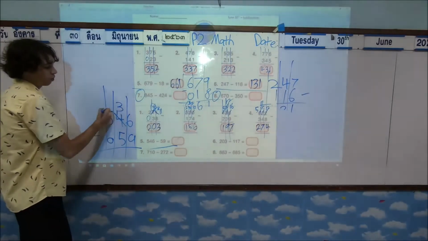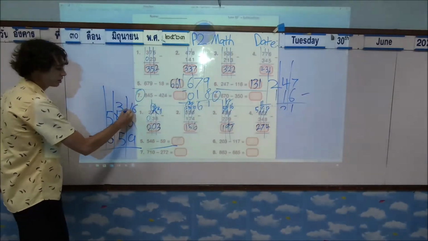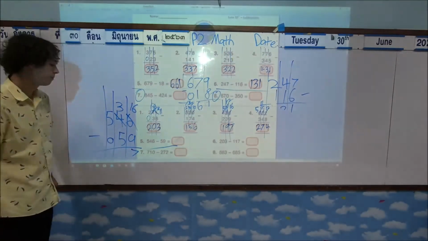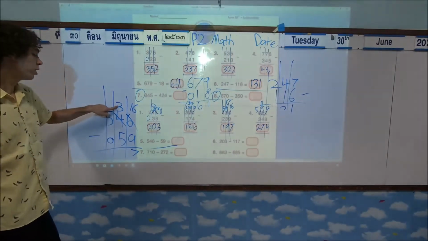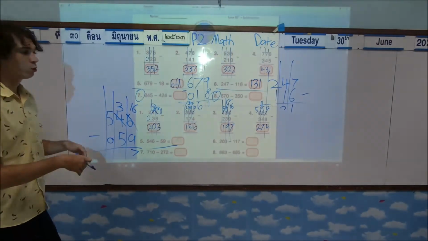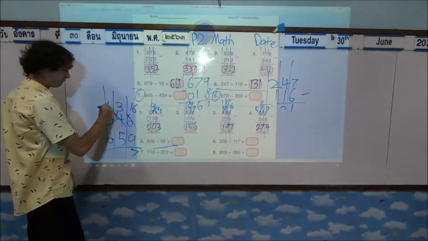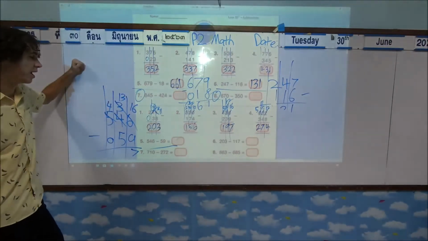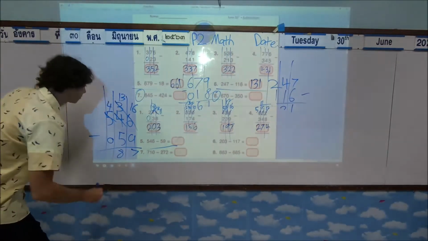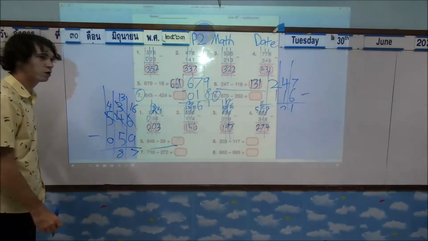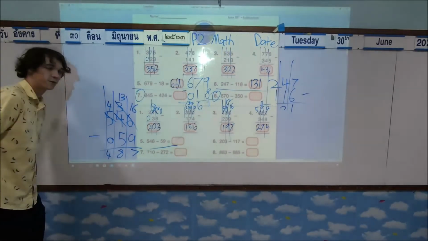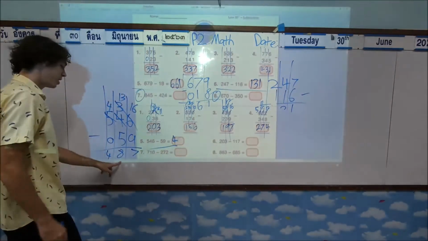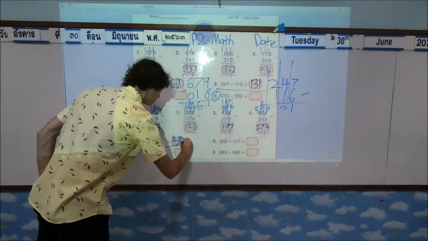Take that 4 to a 3, plus 10 is 16. 16 minus 9, 7. 3 minus 5, we have to borrow again. That's a 4, that's a 13. 13 minus 5 is 8. 4 minus 0, 4. The answer, 487.